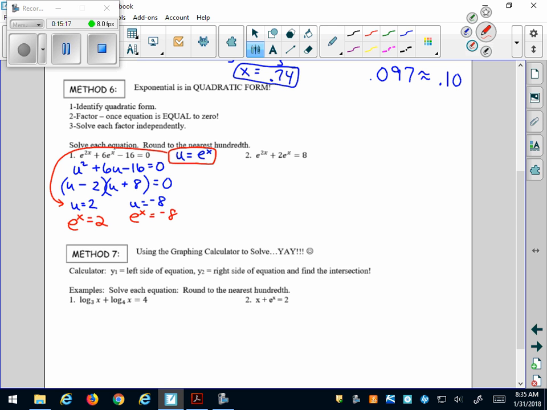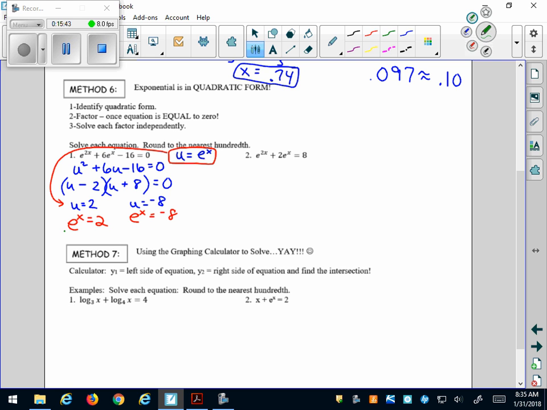So in order to solve this, e to the x equals 2, how do we solve for x? What would you do to solve for x there? Yep. So you either take the natural log of both sides, or you rewrite this in natural log form.